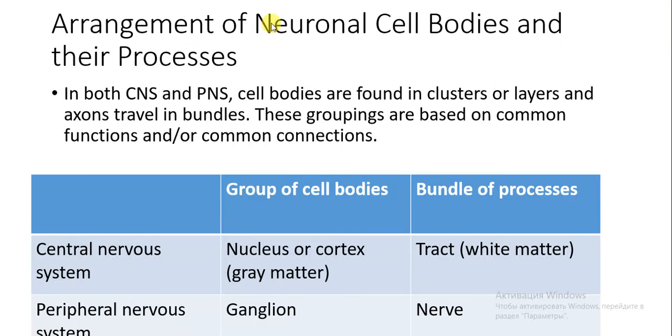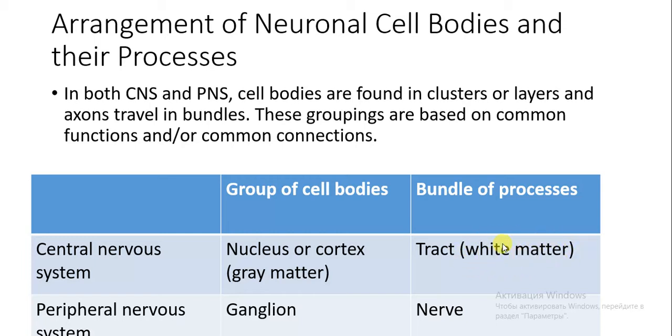Okay, arrangement of neuronal cell bodies and their processes. In the central nervous system, groups of cell bodies are located in a nucleus or cortex. In the peripheral nervous system, the cell bodies are present in ganglia. But what about bundles of processes of the cells? In the central nervous system, they form tracts, and these tracts are named white matter.